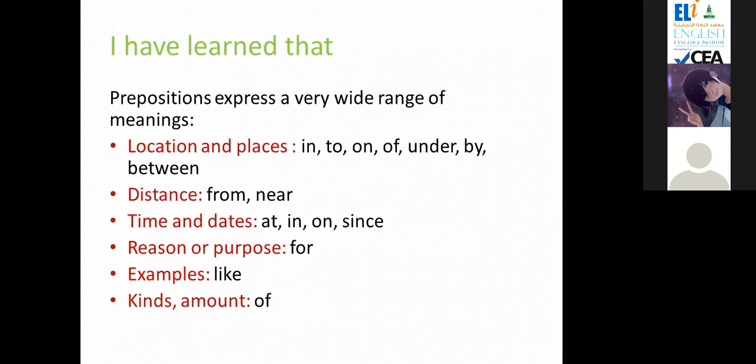So we have learned that prepositions express a very wide range of meanings. These are the examples of prepositions we used in our examples of location and places, distance, time and date, reasons or purpose, examples, and kind or amount. These are the most common uses of the prepositions.